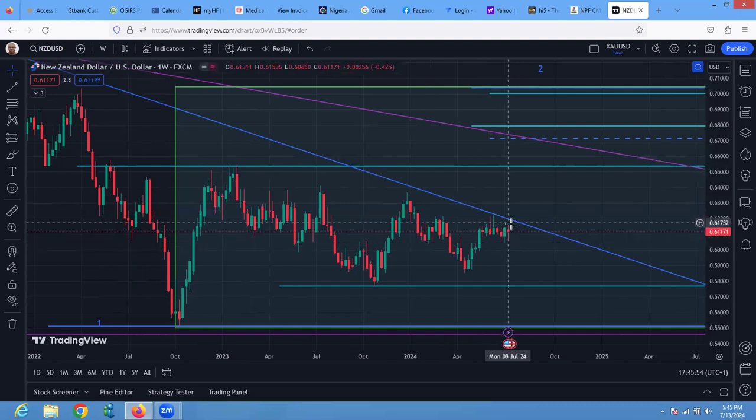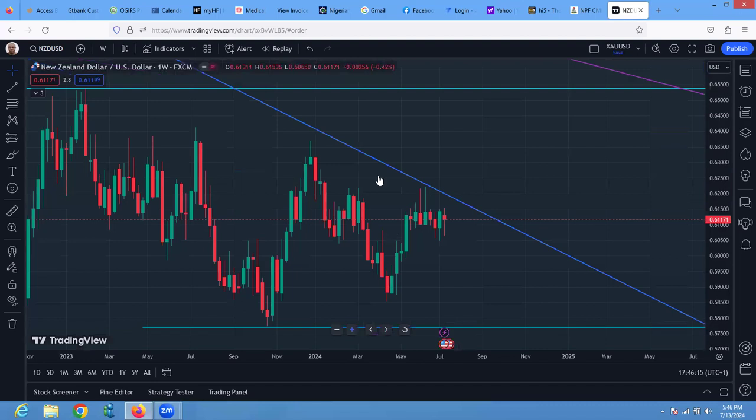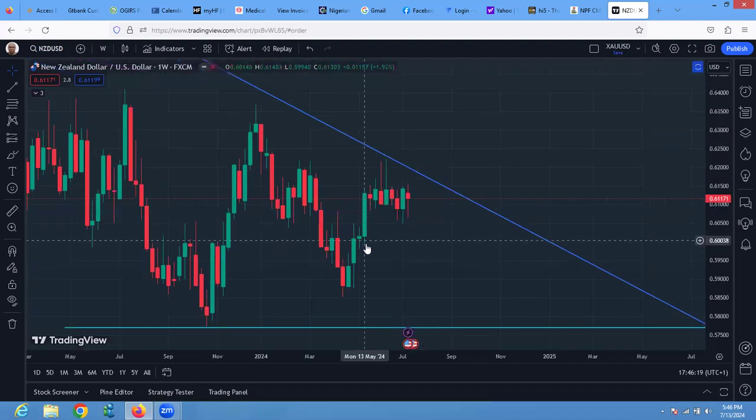For now, this may still want to turn to the downside on the weekly, may still want to come down more, because this is a consolidation around this area. Forget about this candle. This candle does not make any sense. It doesn't really matter. Price may still want to come around this area and use this as a support, or this area as a support.